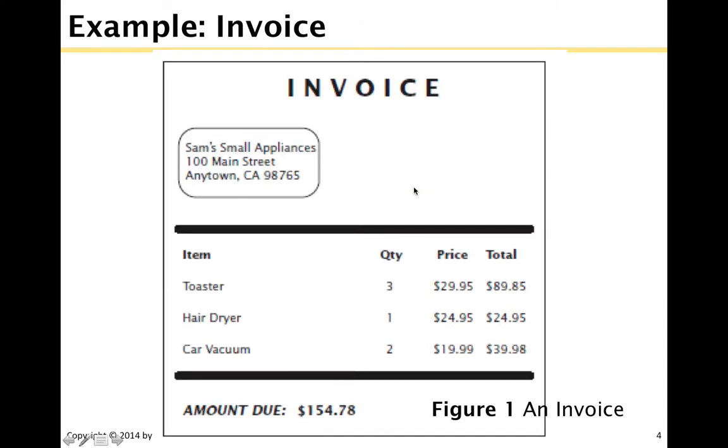So let's use an example. Suppose we are going to print an invoice where we have a customer's address, and then we have an itemized list. Each line item has a product name, quantity, unit price and subtotal price, and finally we have a total amount due.